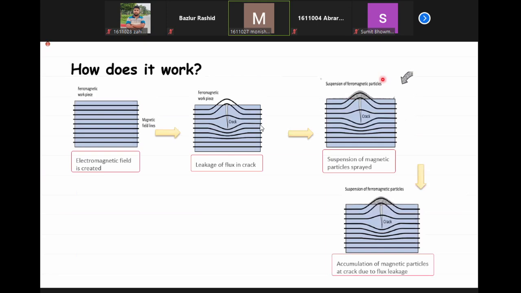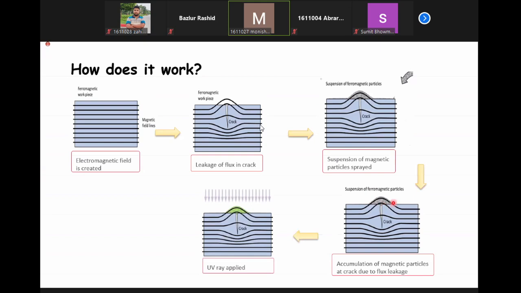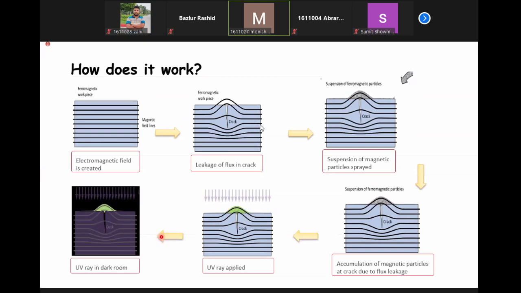Because of the flux leakage, magnetic particles in the suspension accumulate there, indicating there's a crack and also magnetic flux leakage. This is well visible under UV light because in the suspension we add some pigment material, and it is much more visible under UV rays in a dark room.